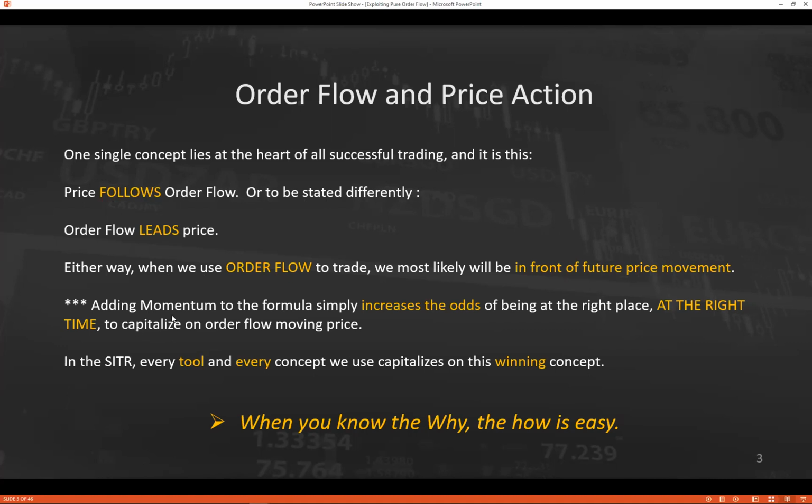We're going to add momentum, trading momentum, trend strength, order flow acceleration, whatever term you want to put with it. We're going to add momentum to the formula, and that simply increases the odds of us being at the right place, which is important, but at the right time, which is fun, to capitalize on order flow that moves price.